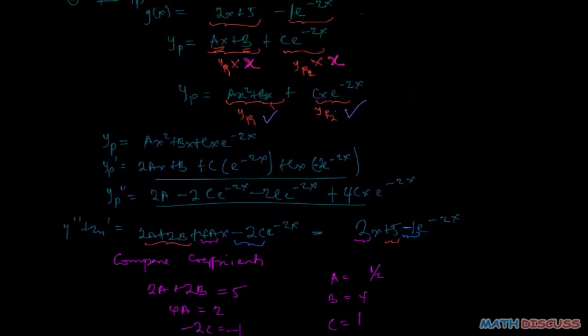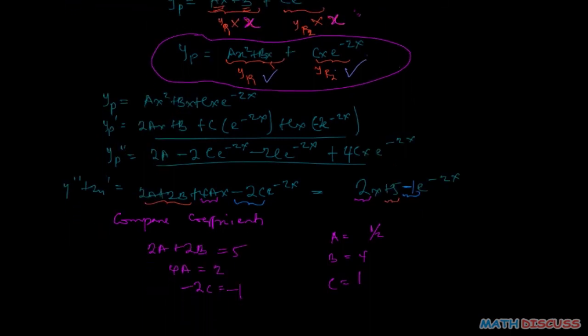We started with this, we came here, and then we have this finally. Now this is the yp you use. It's the final form of the yp you use, not the initial one you started with. We're doing a trial and error to find the exact one that works. So this was the one that works. So you don't have anything to do with the past ones which you assumed. So that's going to be the yp.